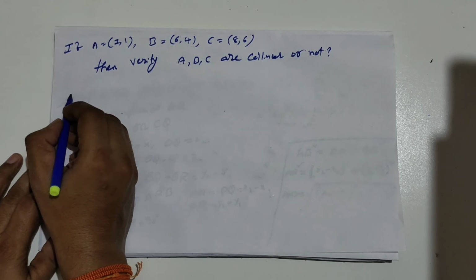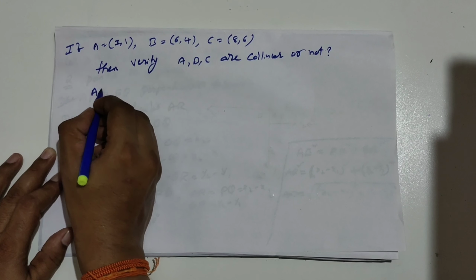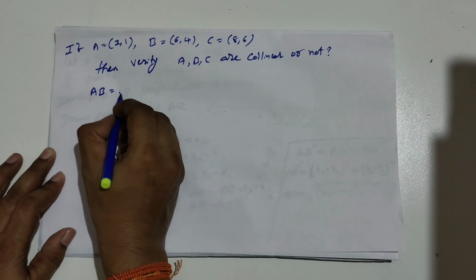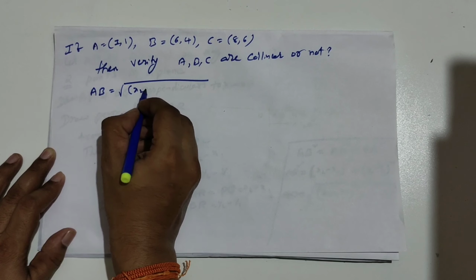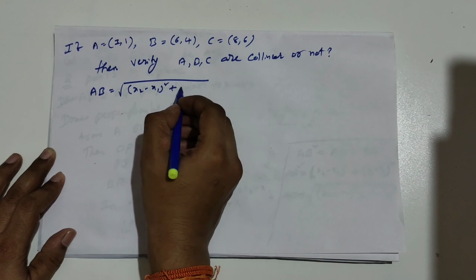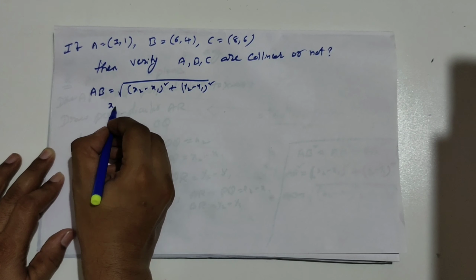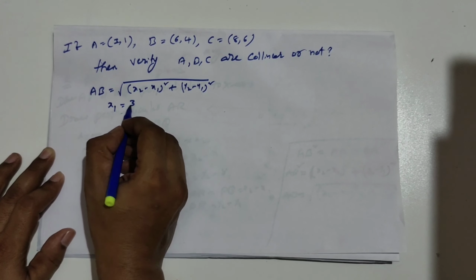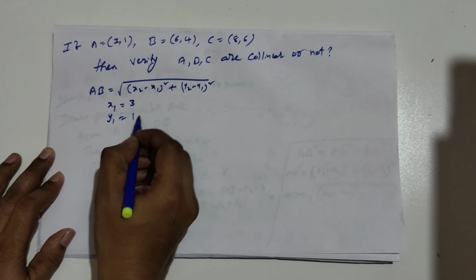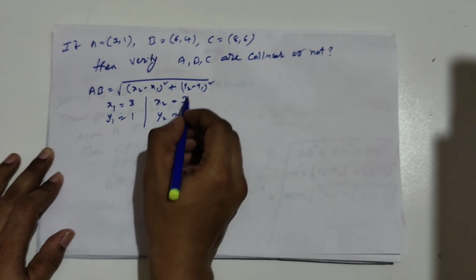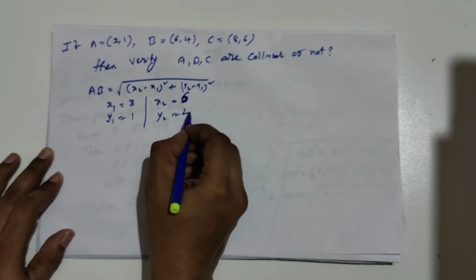Okay, now let us find the distances. Say AB distance. We have the formula under root of x2 minus x1 whole square plus y2 minus y1 whole square. Just compare those points with x1 y1: x1 is 3, y1 is 1, and x2 is 6, y2 is 4.